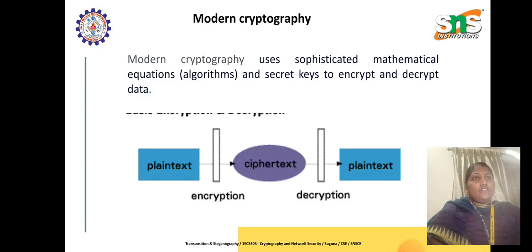Modern cryptography consists of two main things, an encryption process and a decryption process. This is also done in traditional cryptography, but here the encryption and decryption are done by mathematical equations and secret keys. The secret key can be either a public key or a private key.